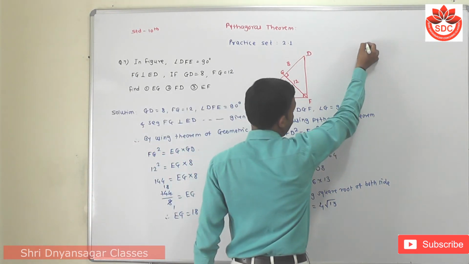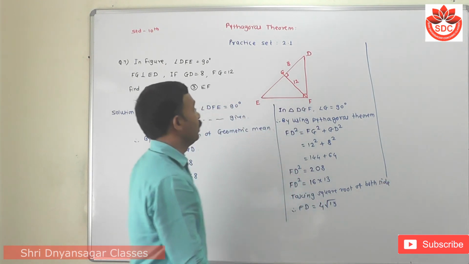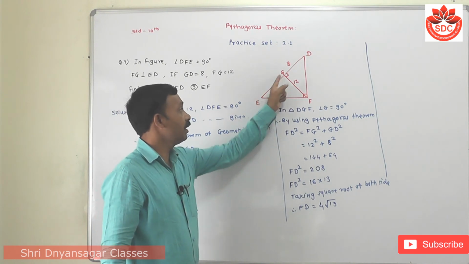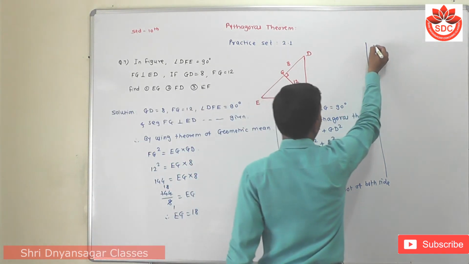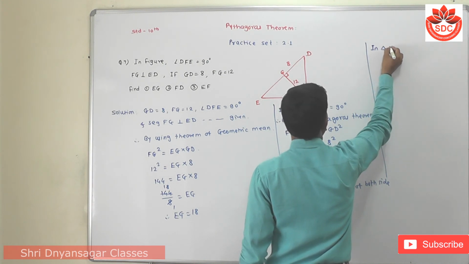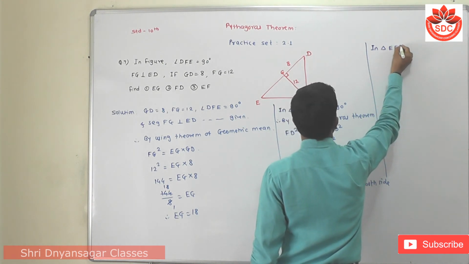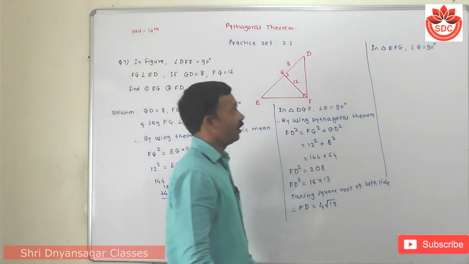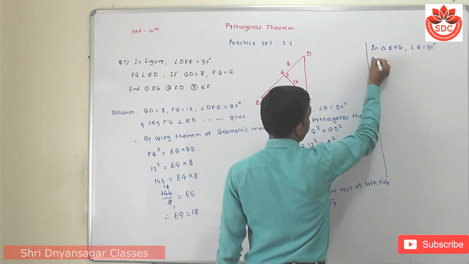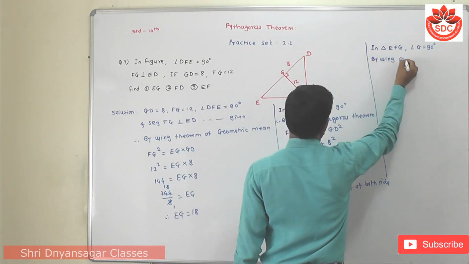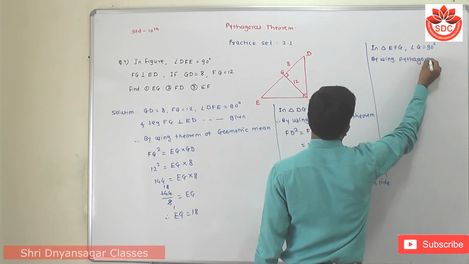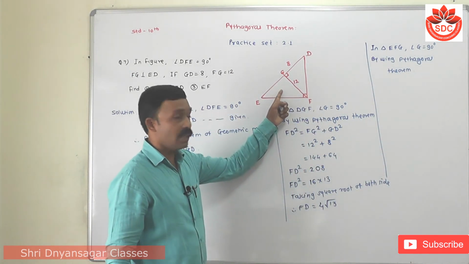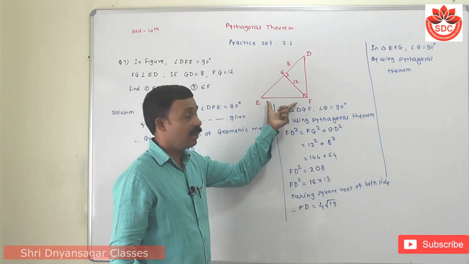Then we find the next value, which is EF. For EF, we take triangle EGF. So in triangle EFG, angle G is equal to 90 degrees. So again, by using the Pythagoras theorem, for this triangle, the side opposite to the right angle is the hypotenuse.